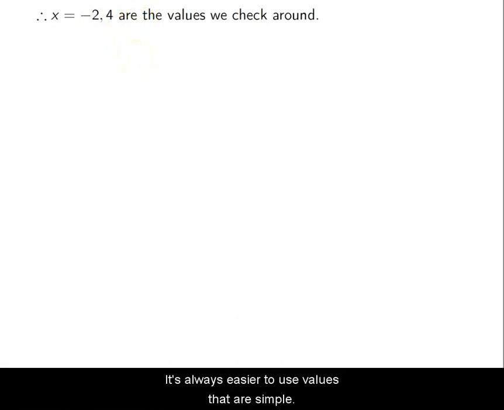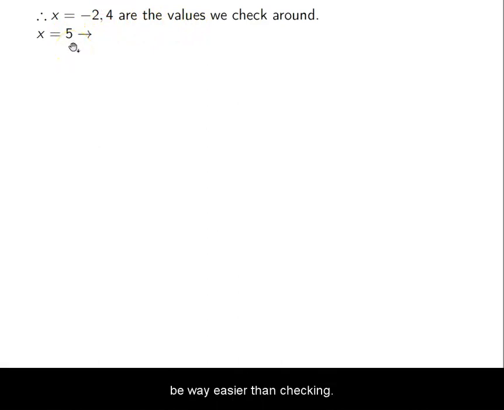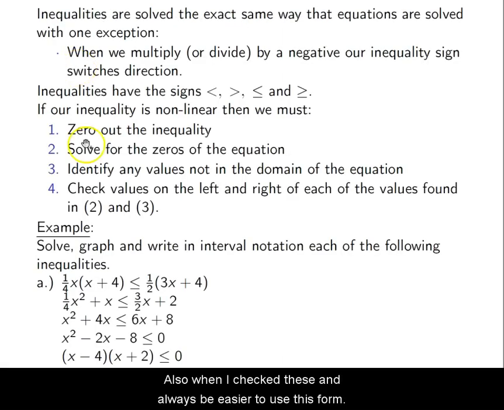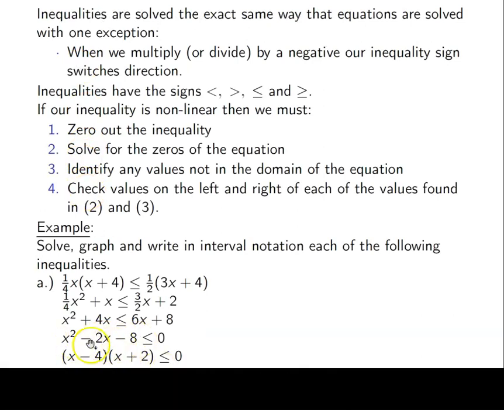It's always easier to use values that are simple, okay? So the next whole number larger than 4 is 5. That would be way easier than checking 10 or 100 or something like that, right? Also, when I check these, it'll always be easier to use this form than the polynomial form, because plugging these things in, I don't actually have to find the values.